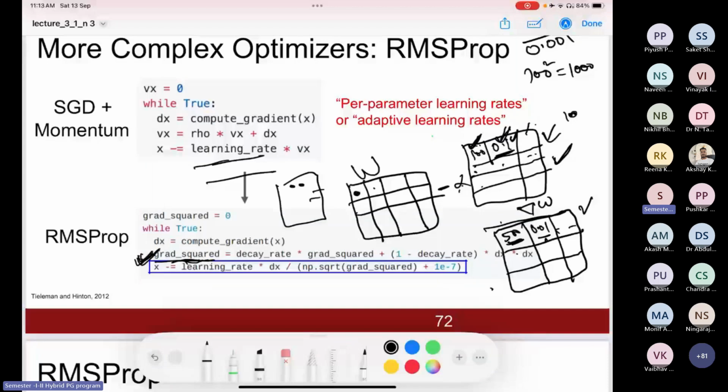Anyone has any question? But it will increase only if the number is between 0 and 1. Yes. So we also enforce regularization while applying this.